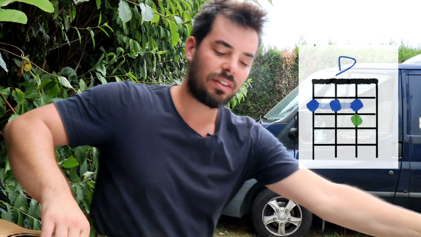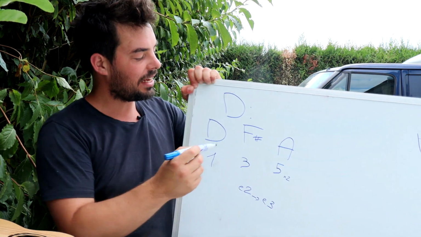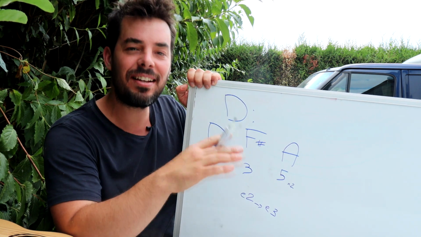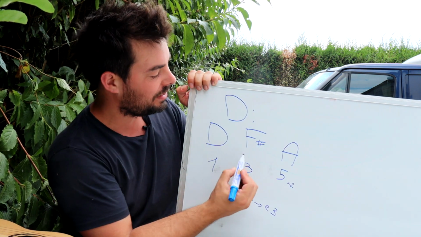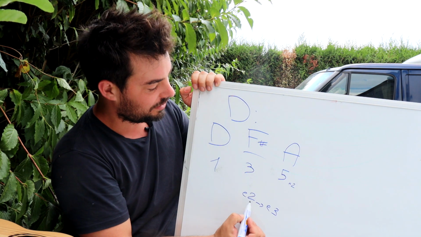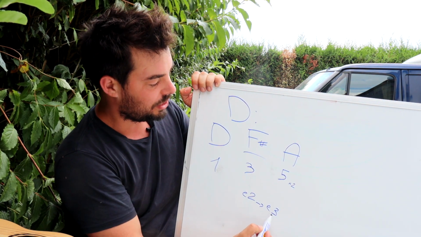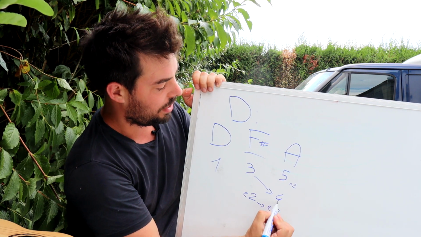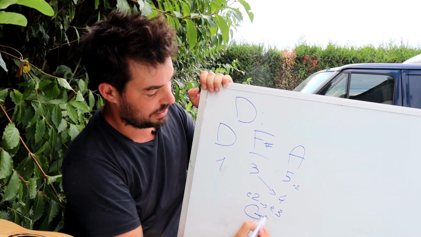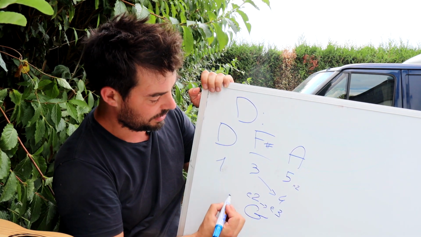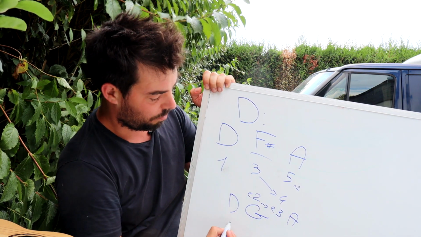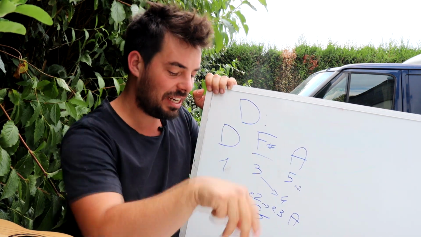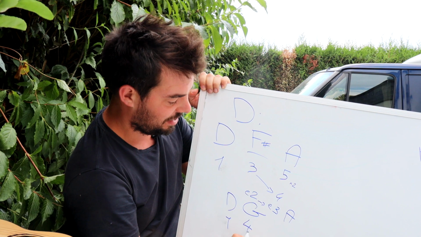Well, that means that this note, its existence is suspended for a little bit. It's not really the identity of the chord, of the triad, but we take this note and we suspend its existence. And that was a G, and actually we turn a 3 into a 4, and we use a G instead. So then we have D, G, and A. 1, 4, D, E, F, G, and 5.